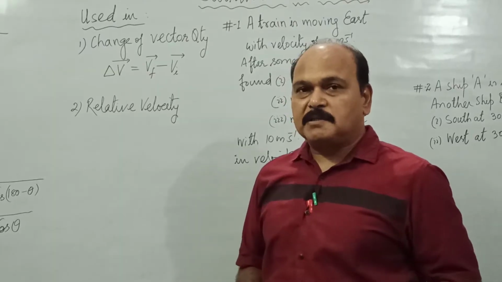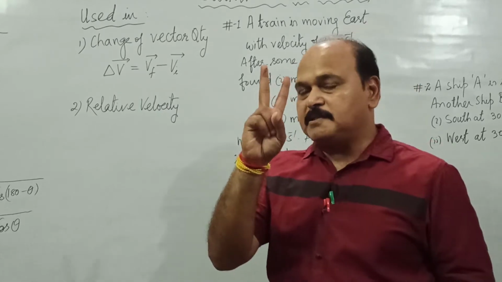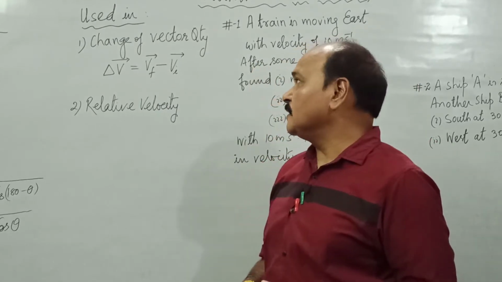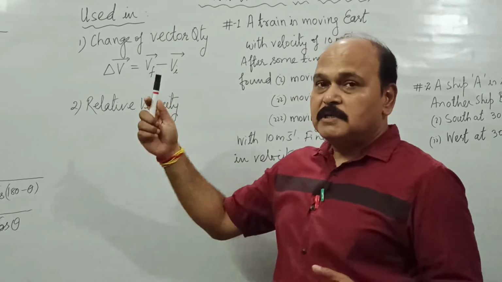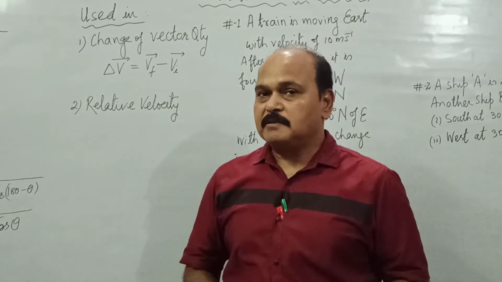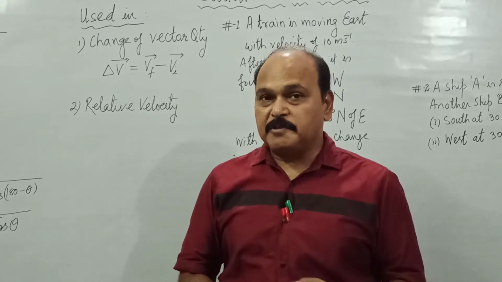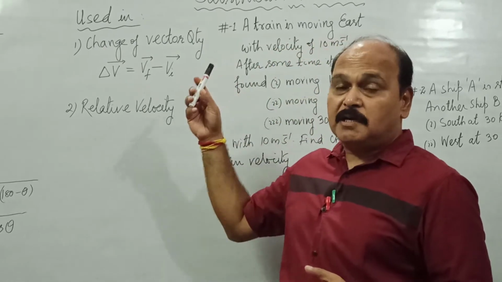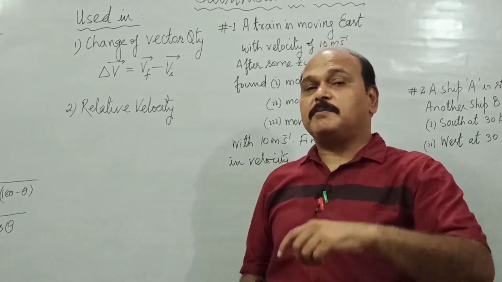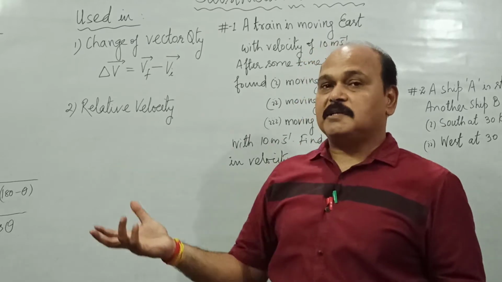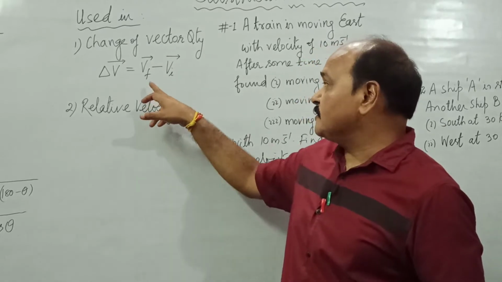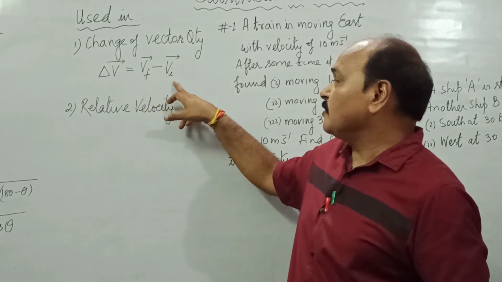Children, vector subtraction is used at two different places in physics. Number one, when we wish to find out the change of a vector quantity, we use vector subtraction. If an object is going with a certain velocity and after a certain time its velocity changes to some other value, then the change of velocity is the difference of final velocity from initial velocity.